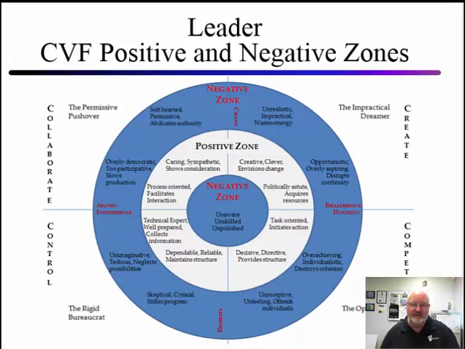Certainly not someone who's going to make the organisation more efficient or effective. They're actually going to be a drag on the success of the organisation. So impractical dreamer, the oppressive egotist, the rigid bureaucrat, and the permissive pushover, all types of managers that will not succeed, not achieve the road to mastery that we've been talking about.